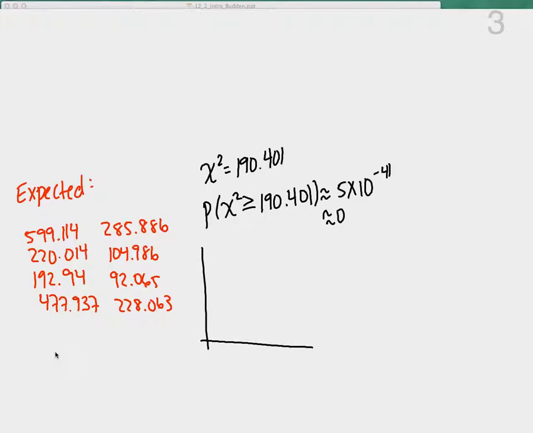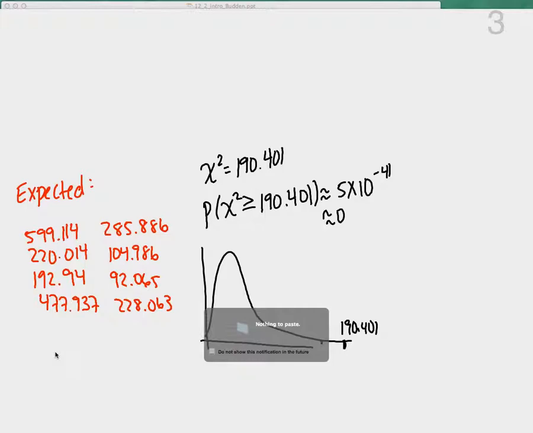Okay, again, like the last time, you have to draw the diagram just what you see on the calculator. So I think it looks something like this. You get a chi-square value, it's probably more like out there, of 190.401. One thing that I neglected to mention before is I want you to approximately label alpha.